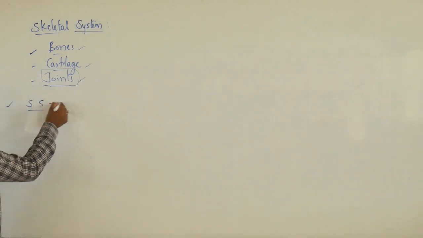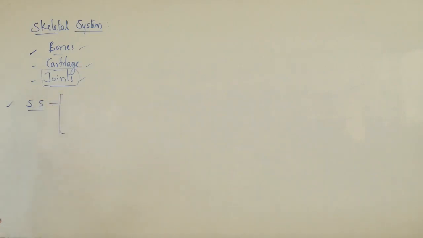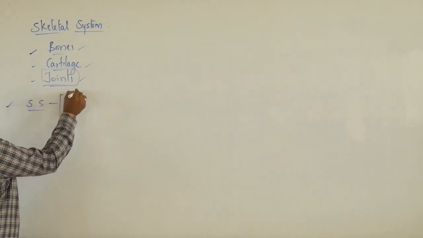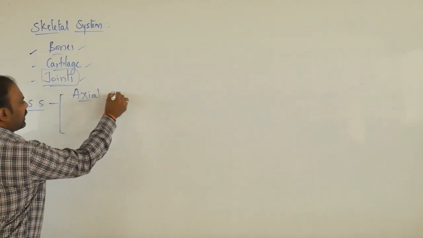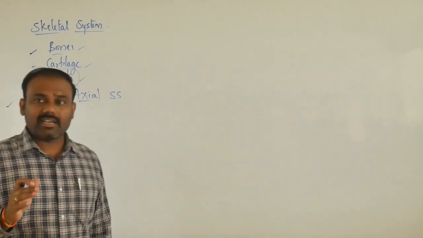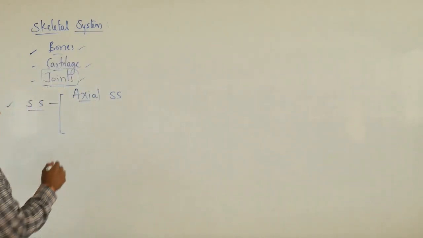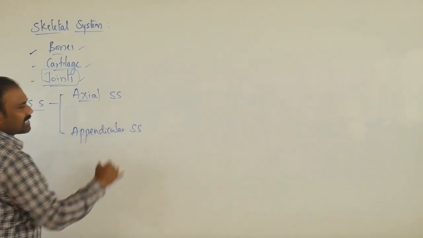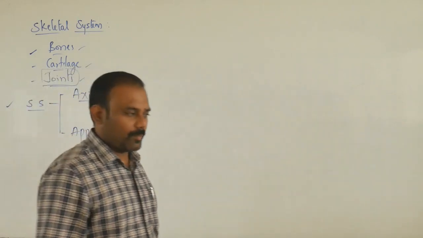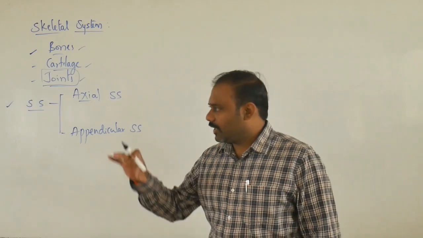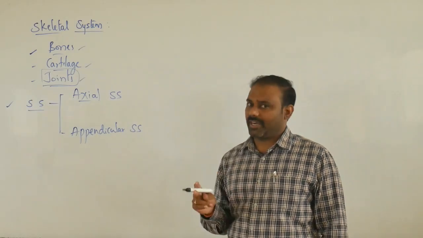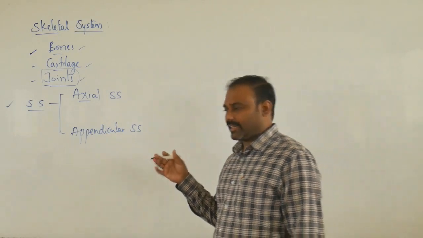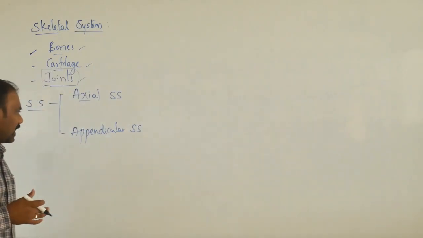According to our convenience, the human skeletal system can be divided into two parts. One is the axial skeletal system, remember the word, and the second one is the appendicular skeletal system.